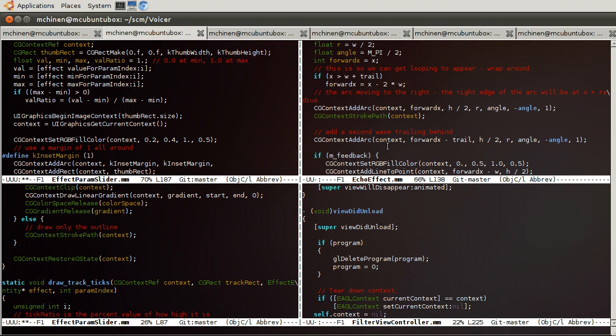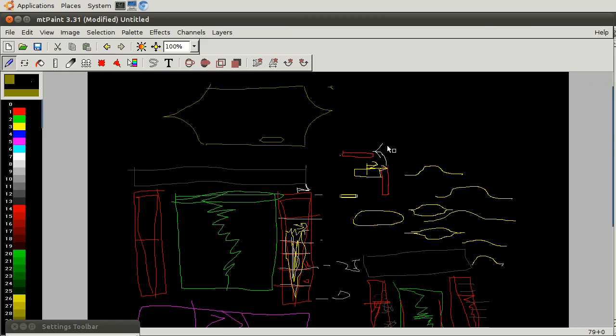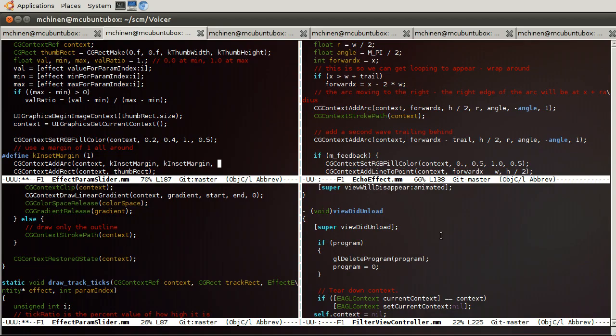So the radius is half of the height, which is half of the width. Okay, thumb width divided by, minus inset margin times 2. Don't get times 2. Alright, this is where it gets ugly.